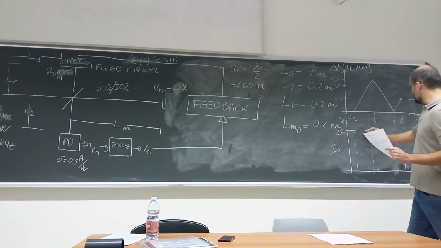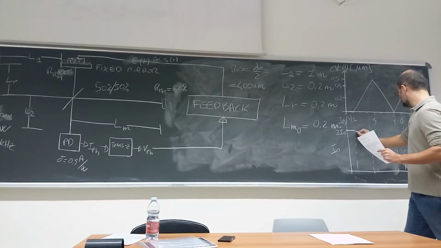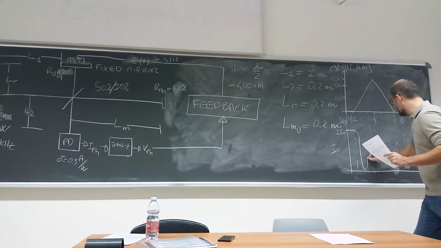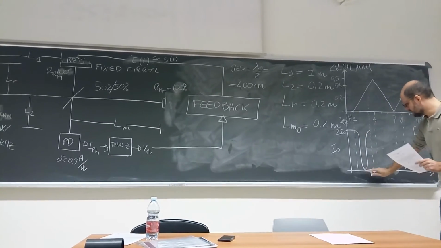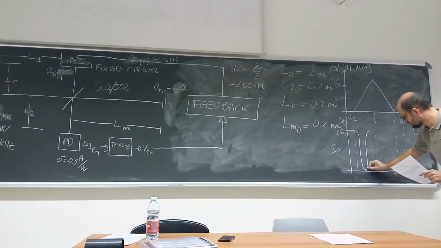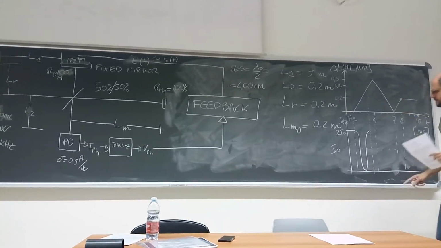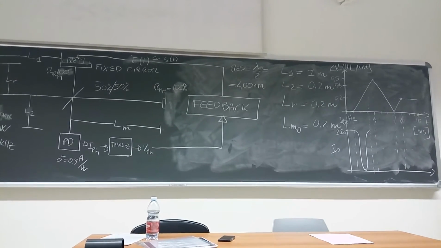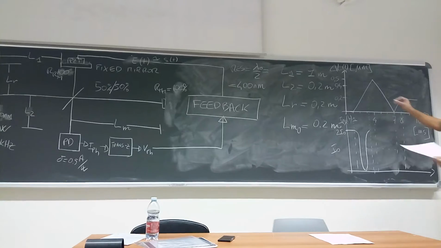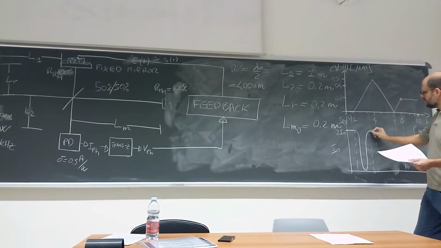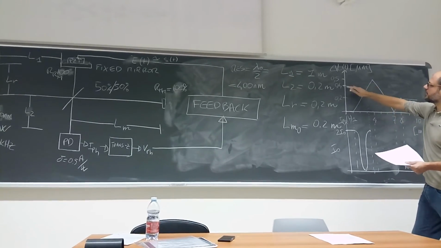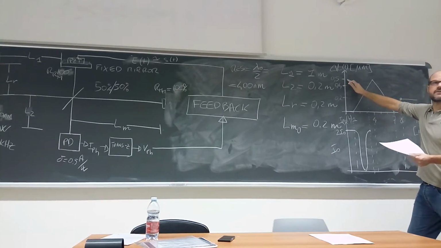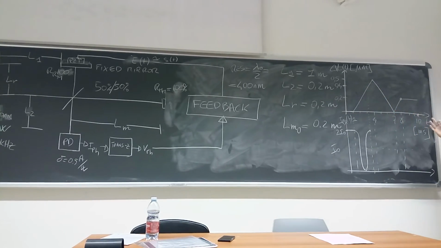So we have something more or less like this, and the minimum value is 0 because of the full modulation. This is not exactly a cosine function, but okay. Then what will you see on the photodetected current if you go from 0.4 to 0.5 micrometer?